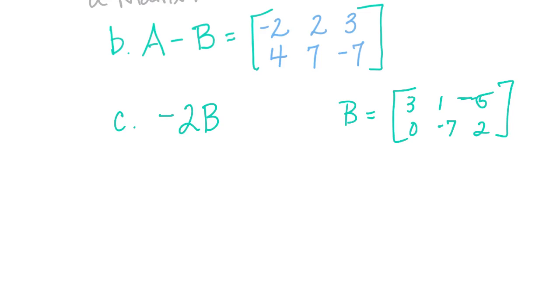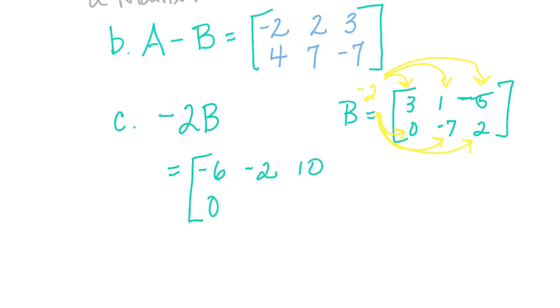So we're literally taking this -2 and distributing it to here, here, here, and then to here, here, here. So when I find the scalar multiplication of -2 times B, same order, I get -6, -2, +10, 0, 14, -4.